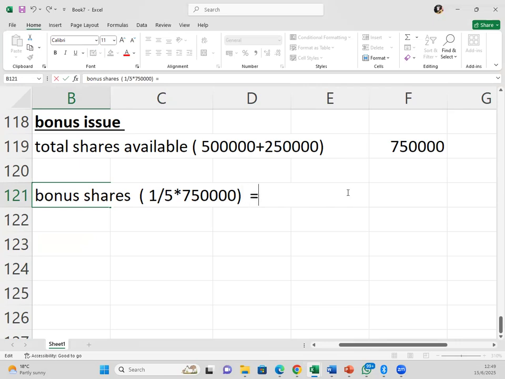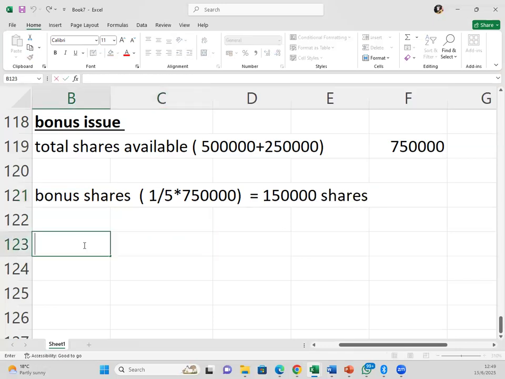We had 750,000 shares. So what's 1 over 5 times 750,000? It's 150,000. These are shares, not the value of these shares. So the bonus issue gave us 150,000 shares.